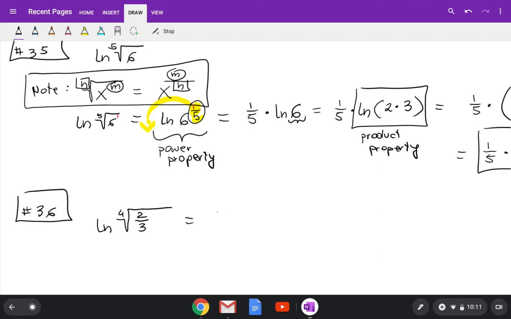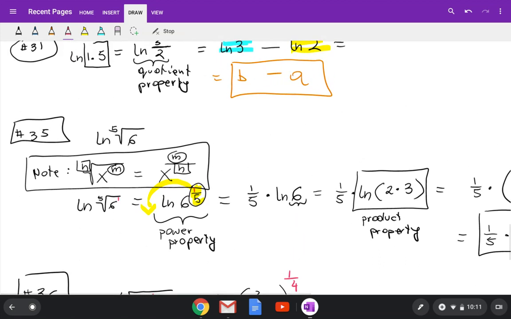We're going to rewrite that root as an exponential expression. So this is the same as 2/3 to the power of 1 over 4, since you don't have a power here, so you always attach 1. I use this property right here.